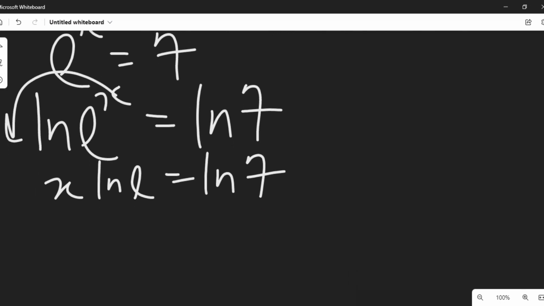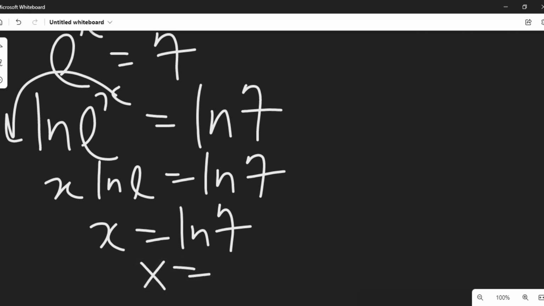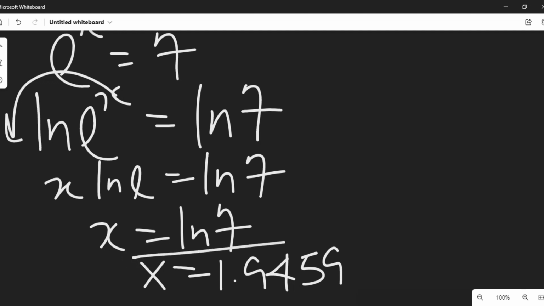So we'll have x equal to ln of 7. We can also find the value of x in decimal places, and ln of 7 will give us 1.9459 when you punch your calculator. So this is the value of x in that equation.